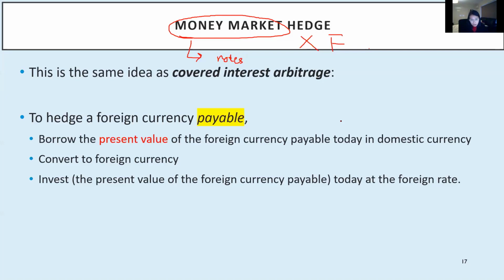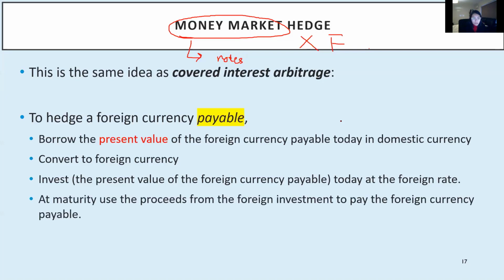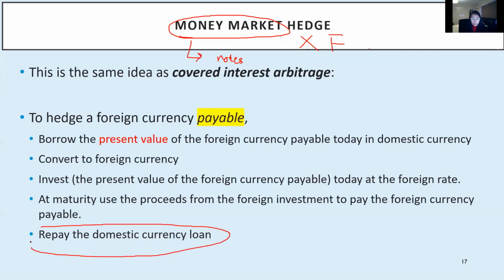At maturity, we are going to use the proceeds from the foreign investment to pay the foreign currency payable, and we are going to repay the domestic currency loan, okay? So the amount that we repay our domestic currency loan is our domestic currency obligations for this account payable, okay?